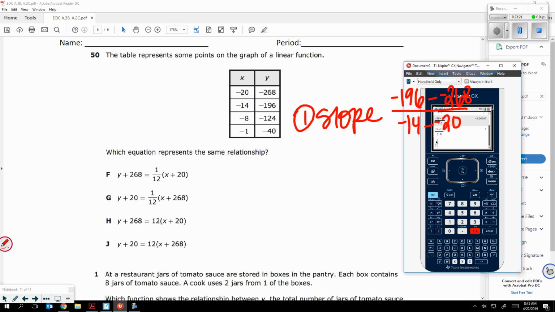So negative 196 minus a negative 268, making sure I'm putting the minus and the negative, over negative 14 minus negative 20. And I get a positive 12. So which ones could I eliminate? Remember my slope is the number attached to that x.